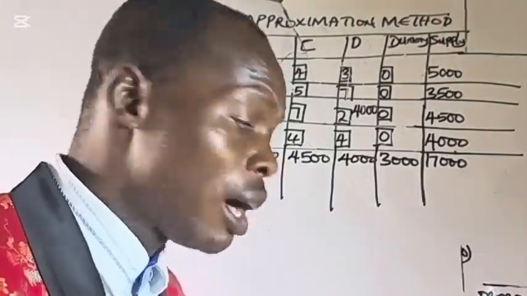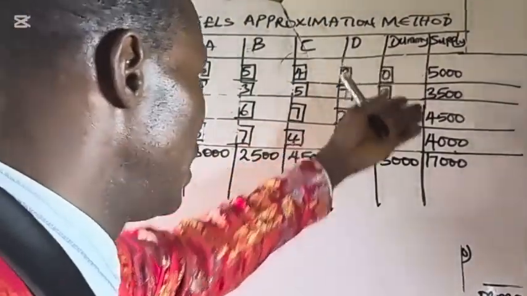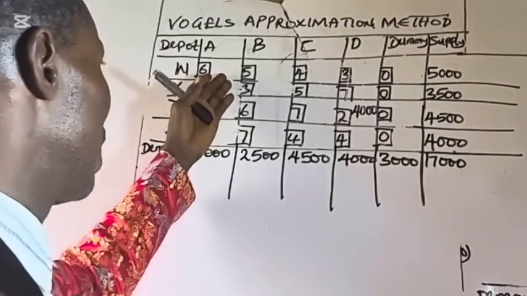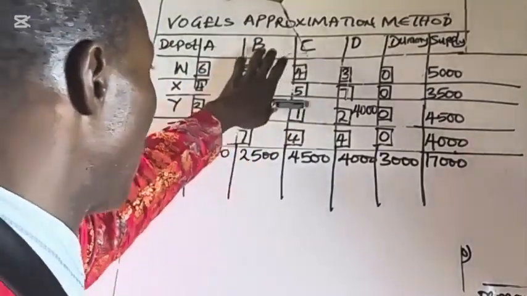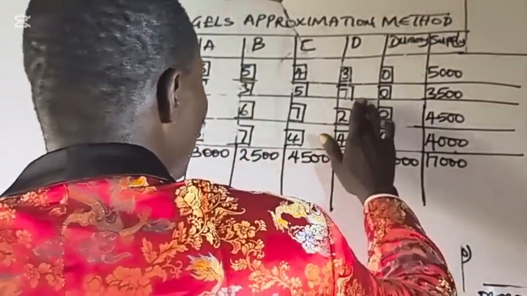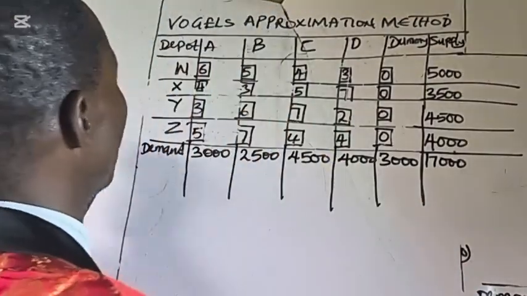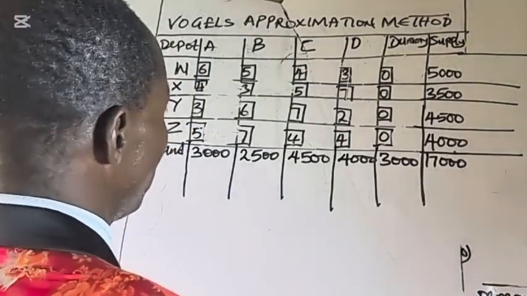The same thing we've done when we use the least cost method will be done. So that is why I just lifted the table from our solution under the least cost. So now you want to make your allocation.